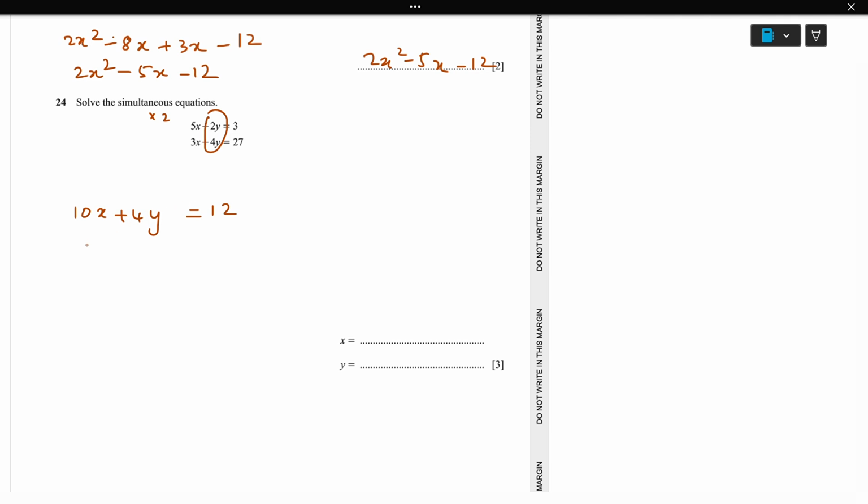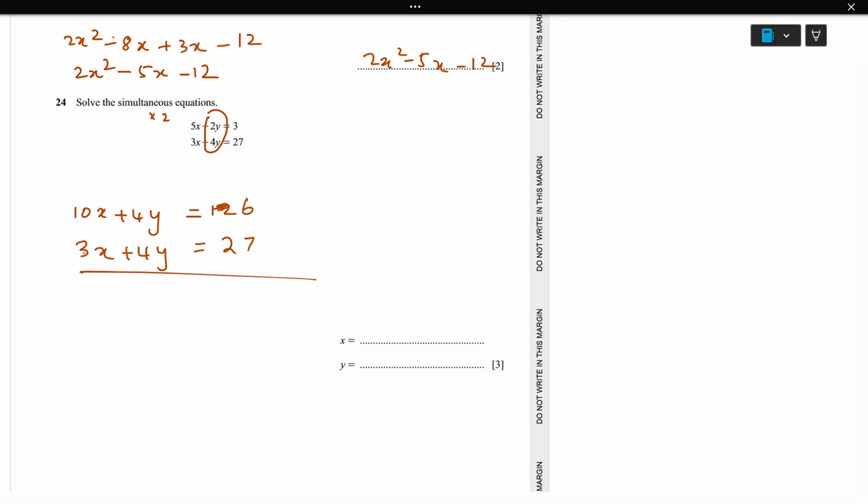So second equation as it is 3x plus 4y equal to 27. Sorry, this is 6 because I multiplied by 2, sorry.